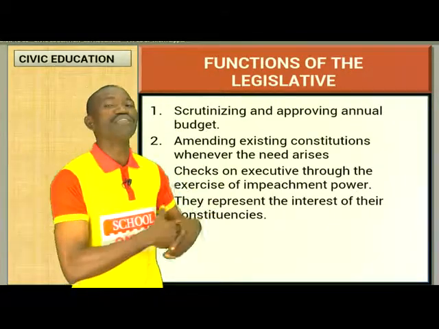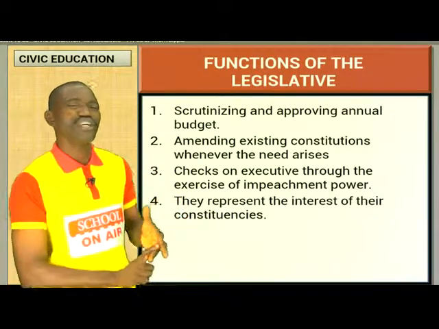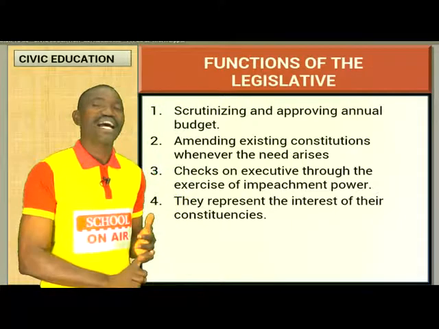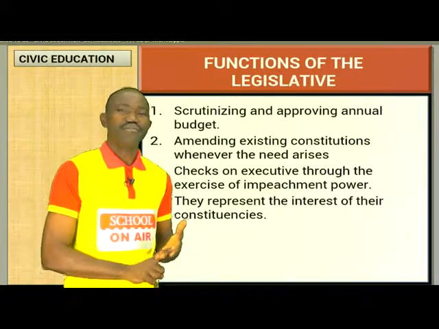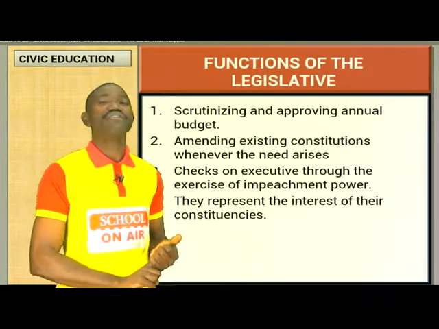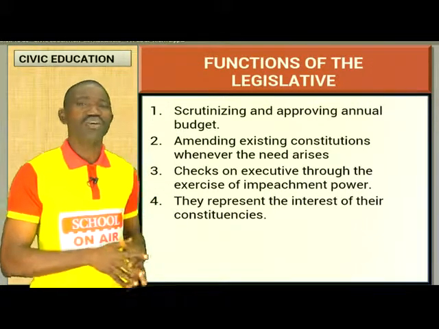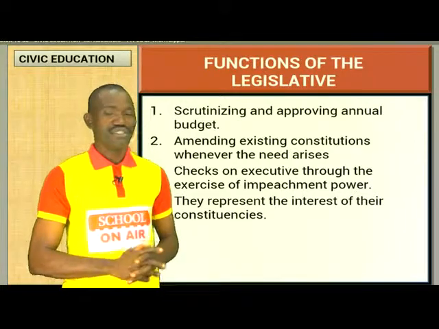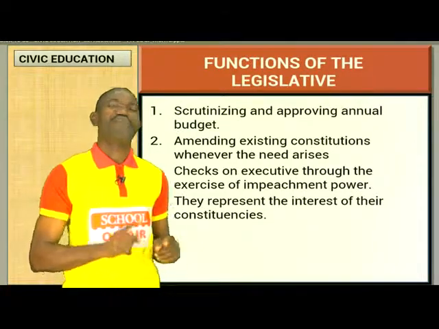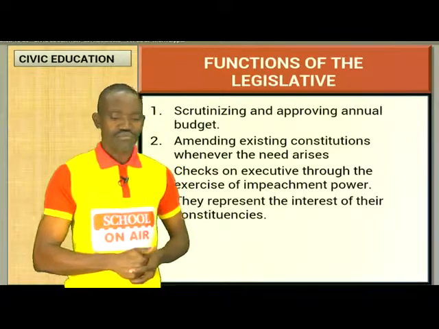Let me start from the exclusive legislative list. Items under this include aviation, maritime, the rail system, monetary policy, defense of the country, the armed forces, police force, and so on. They all fall under the exclusive legislative list, on which only the federal legislators, that is the National Assembly, can legislate.